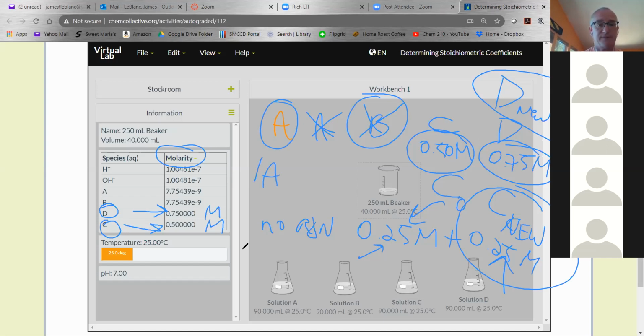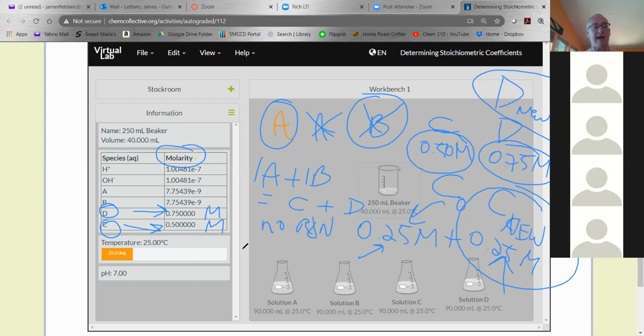So your simplest solution from here would be 1A plus 1B gives you how many C and how many D? That's basically what we're looking for, okay?